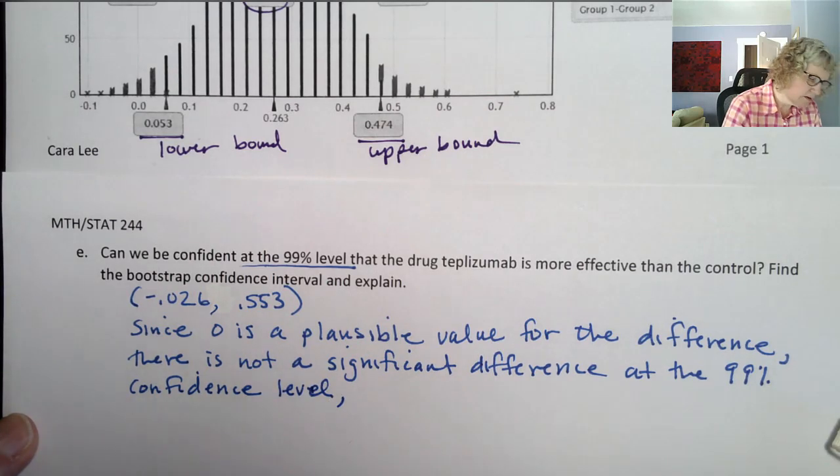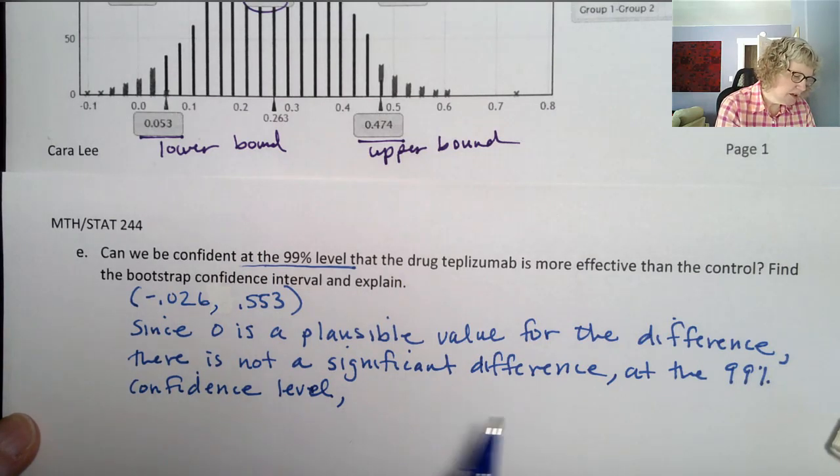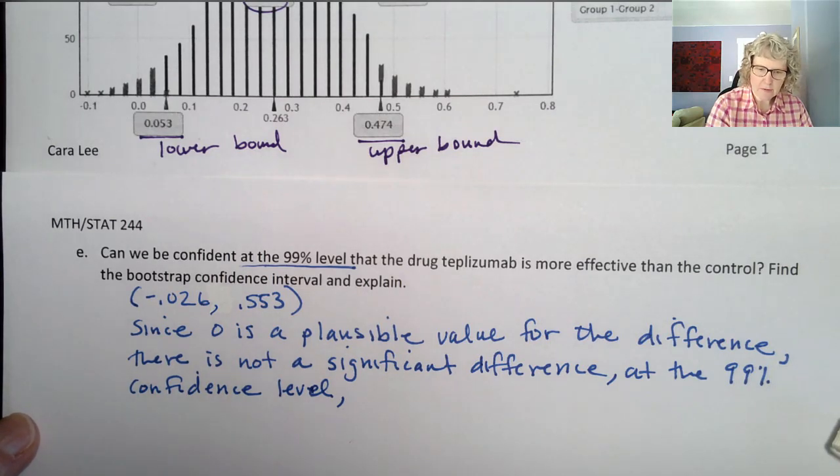Need to get that in there somewhere. I'll put commas around that. There's not a significant difference at the 99% confidence level.